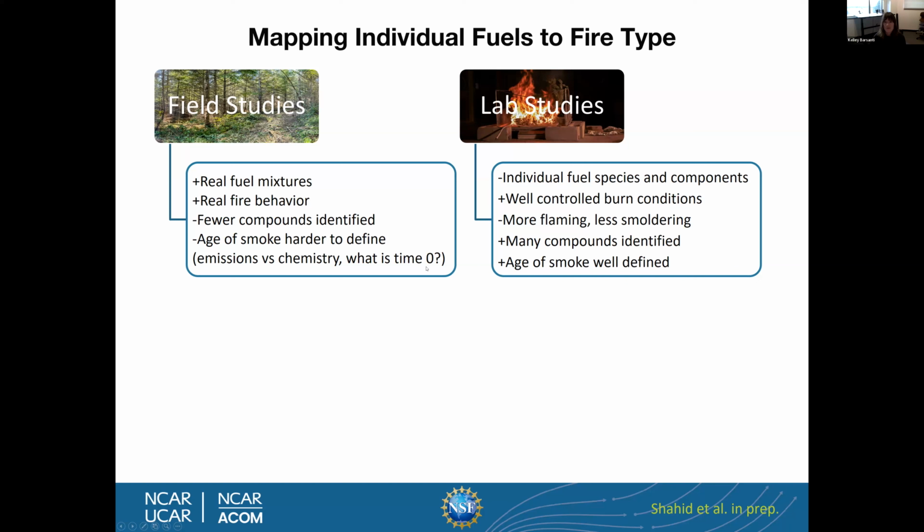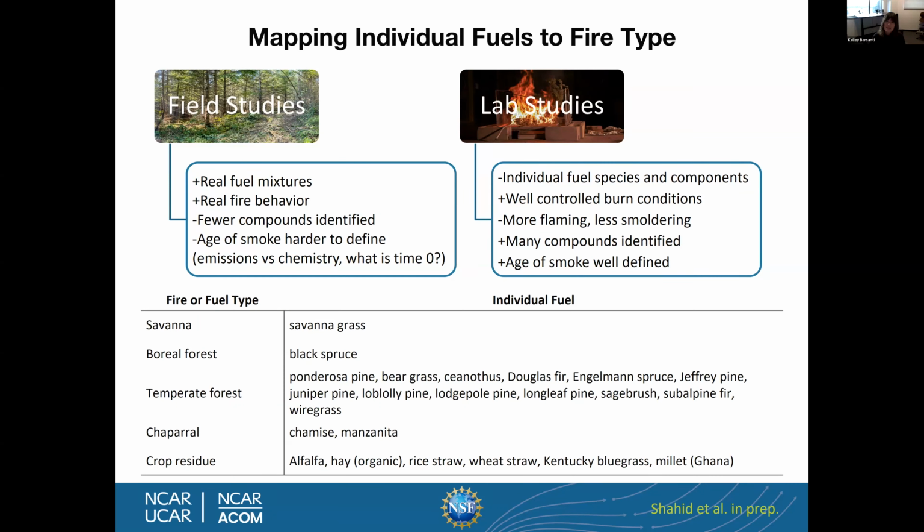So, what is time zero? The lab studies are tricky because you have individual fuel species and components. You have well-controlled burn conditions, but you typically have more flaming and less smoldering. This, of course, does depend on the study. But again, pros are that you have many compounds identified, many more than have been identified in the field, and the age of smoke is well defined.